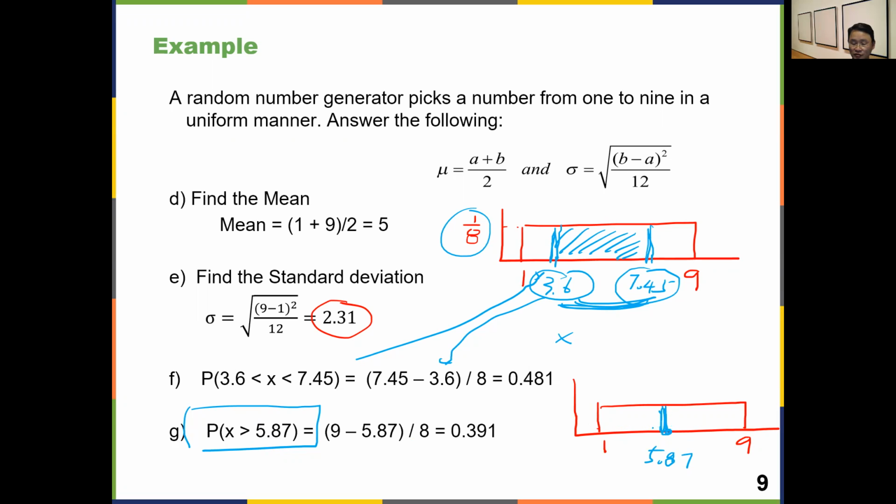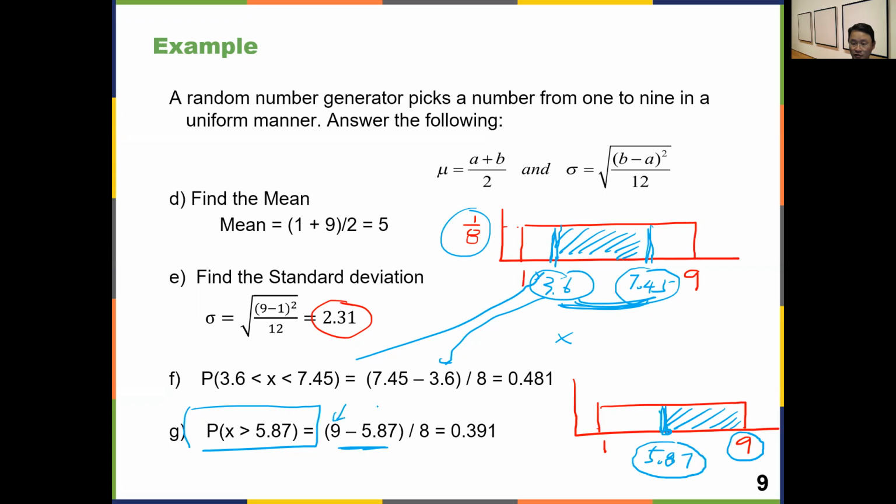So which area, which rectangle am I talking about? X has to be bigger than this, so definitely this rectangle is what I want. What's the upper number? My upper number is 9. What's my lower number? 5.87. Those are the two numbers I'm putting right here.